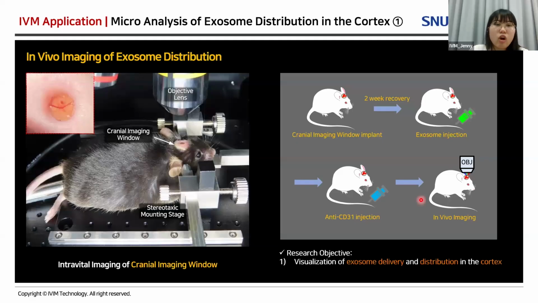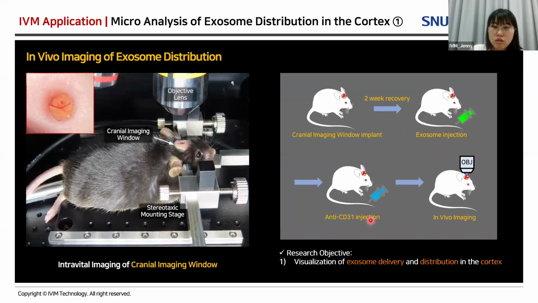So in this slide on the left is a mouse surgically prepared and mounted for in vivo brain imaging. You can see the cranial imaging window implanted here on the mouse. And for this experiment, we used BALB/c nude mice, and after surgically implanting the cranial imaging window and going through a 2-week recovery period, fluorescently labeled exosomes were intravenously injected.